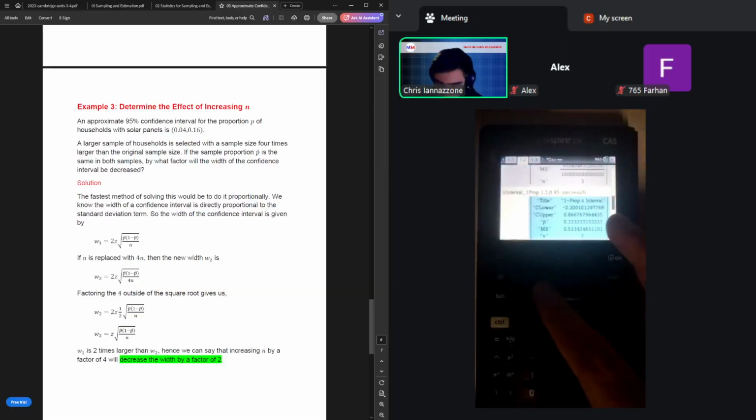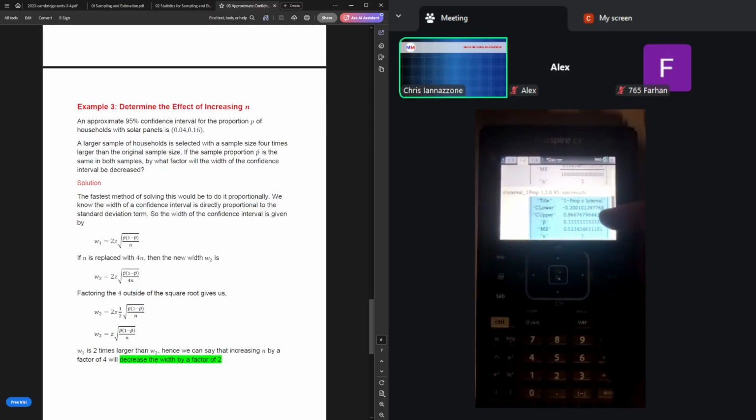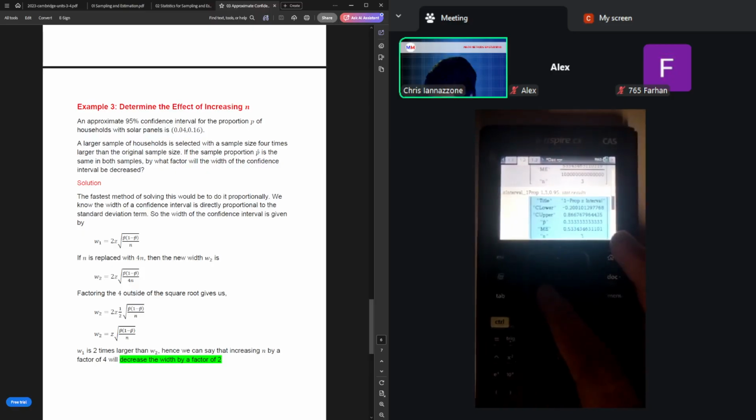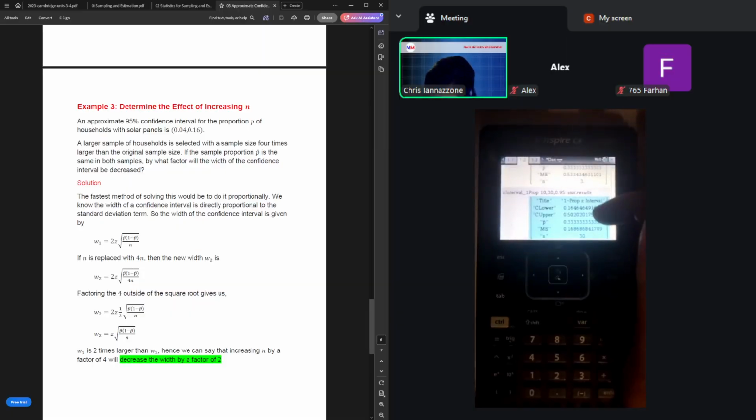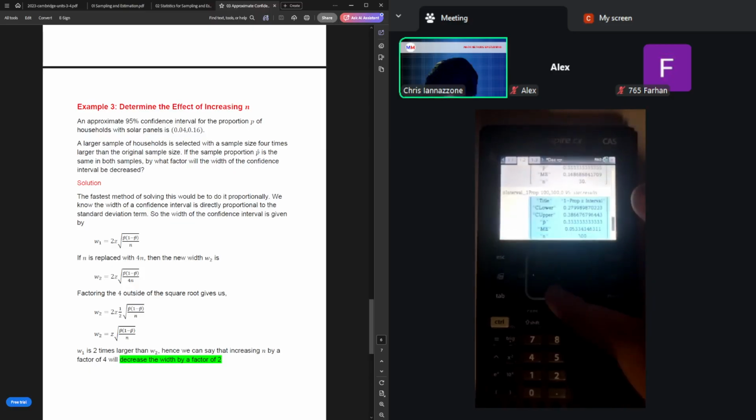If I pull up the calculator and look at C lower, C upper, it started out quite drastic. In fact, this is almost a gap of 1. The sample size was so low, n equals 3, that the gap is practically just 1, which is quite awful. Bringing that up to 30, we now have a gap of 0.34-ish. Bringing it up to n equals 300, the gap is now 0.1-ish.